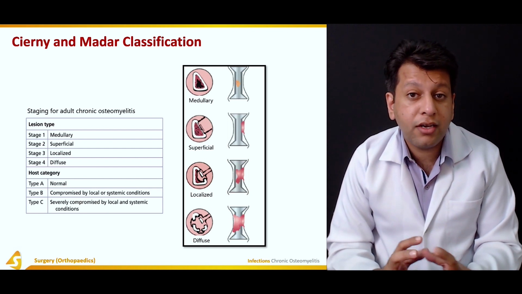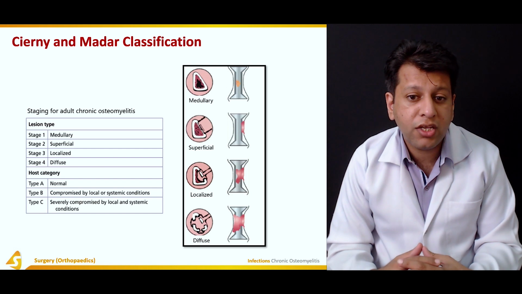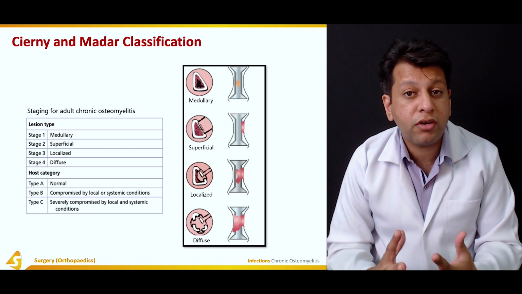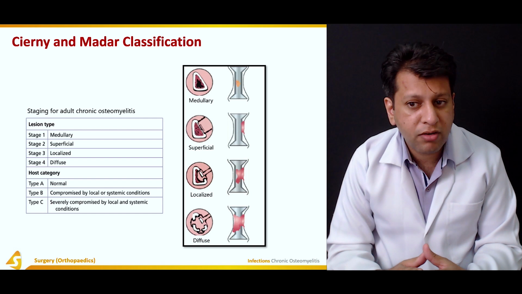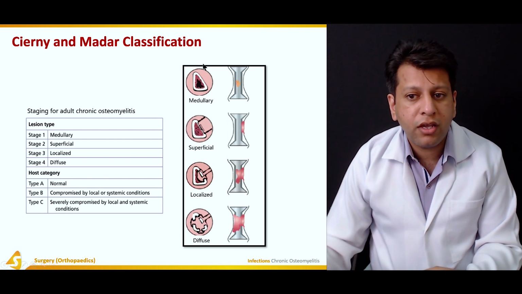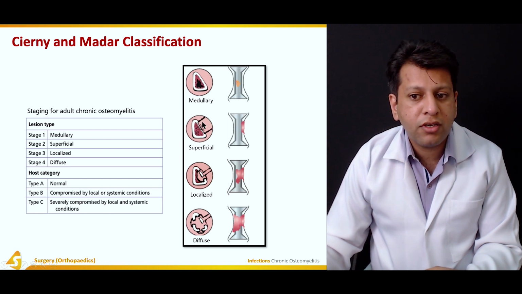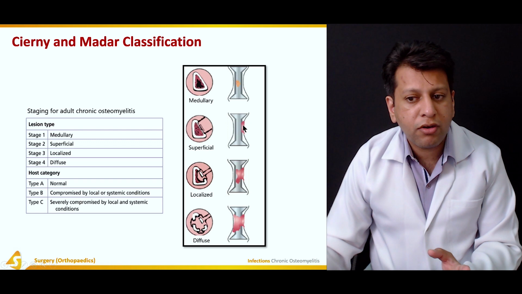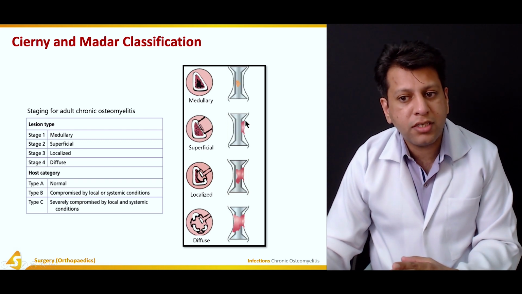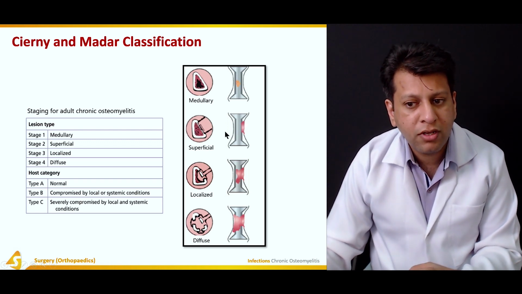Then if you divide, lesions could be of 4 types. Stage 1 lesion could be involving the medullary cavity only. It's always intramedullary. If you see it over here, if this infection is only involving the medullary cavity, it's intramedullary. If it is superficial, that is, it's involving the periosteum, something not inside the bone but not outside the periosteum, that is, it is contained in the periosteum, that is superficial.